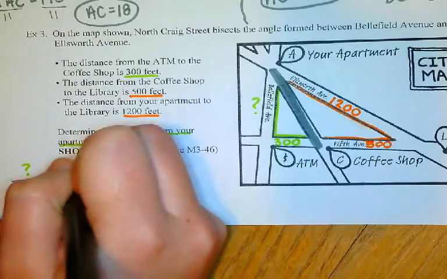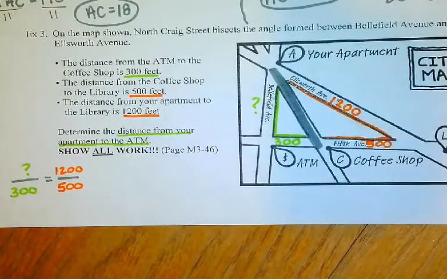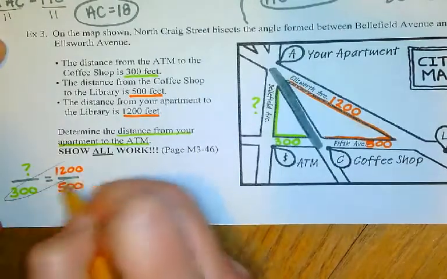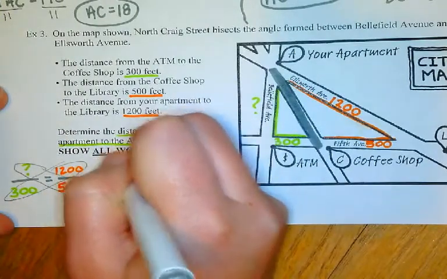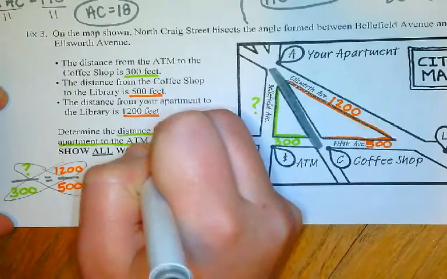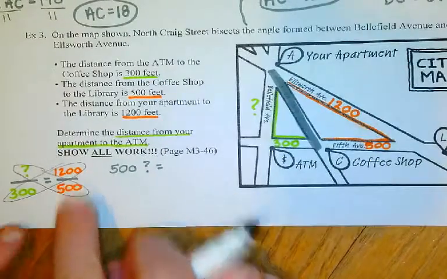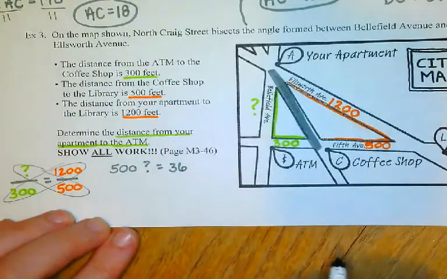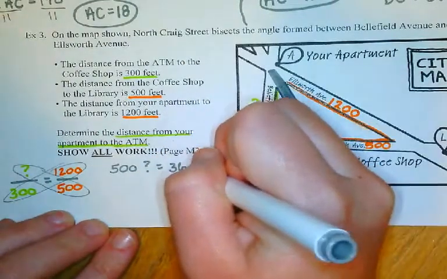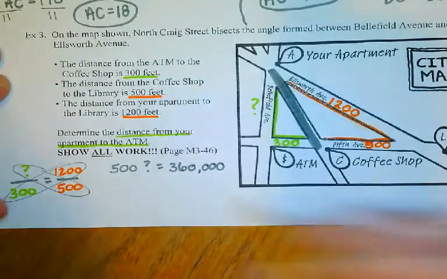So 1200 over 500. Then we cross multiply. Crisscross applesauce. Alright, so we have 500 times this question mark equals 300 times 1200. So that should be 360,000. And then we divide by 500.